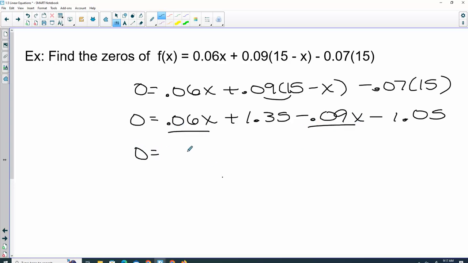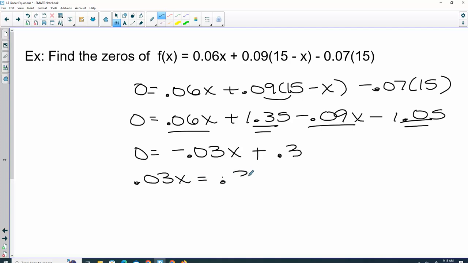Positive 0.06 and negative 0.09 will be negative 0.03. 1.35 minus 1.05, 0.3. Okay, add one of those, positive 0.3. Add one of those to the other side, so I'll add over my 0.03x. And divide. What do you get?